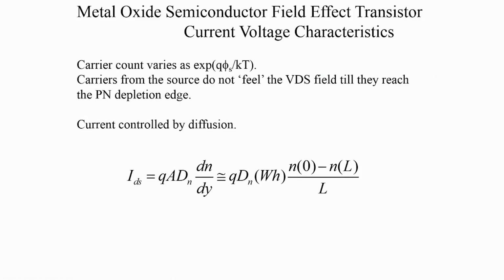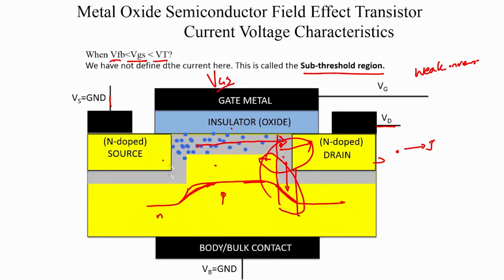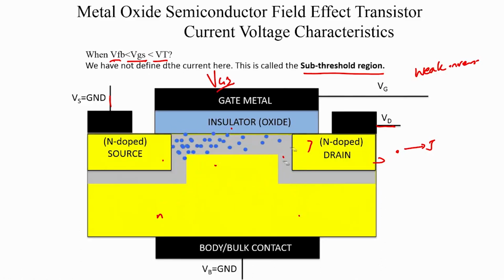The answer has to be diffusion, right. So, you have electrons being injected near the source and not so many being injected near the drain.